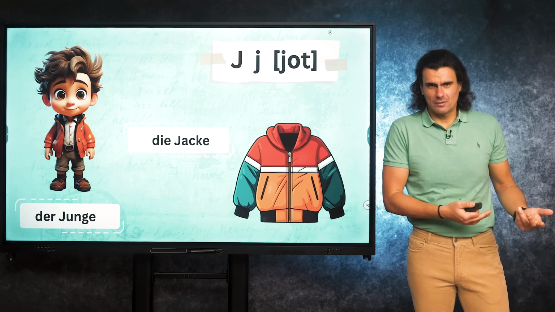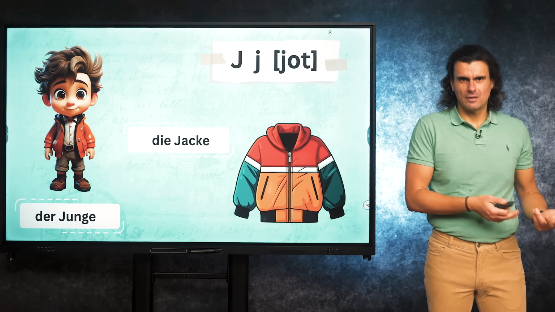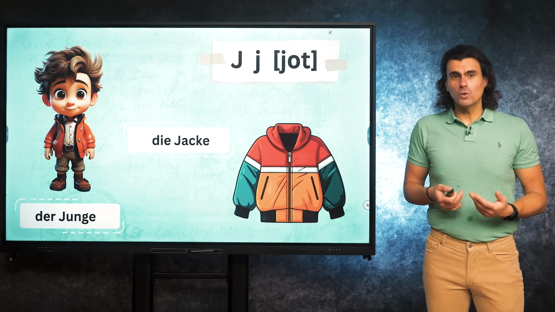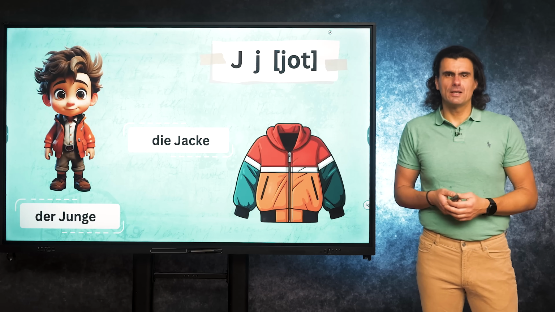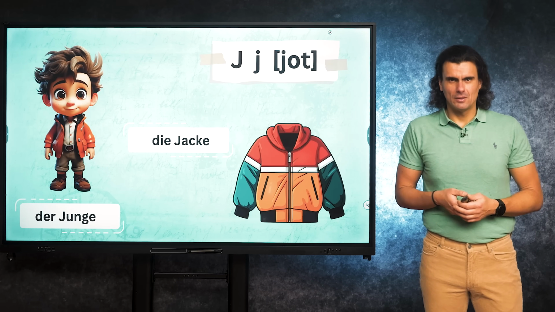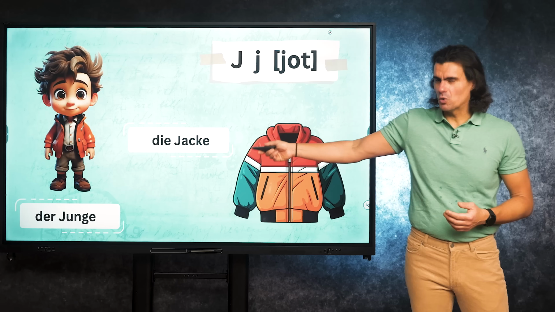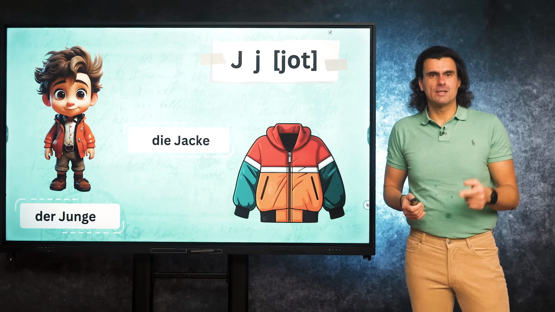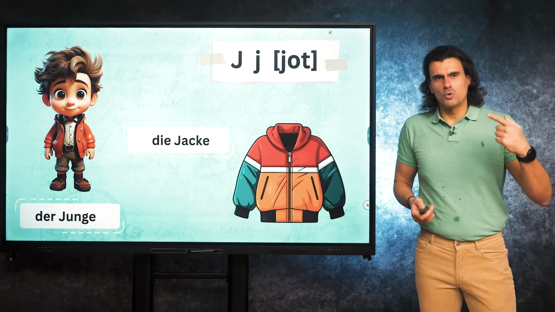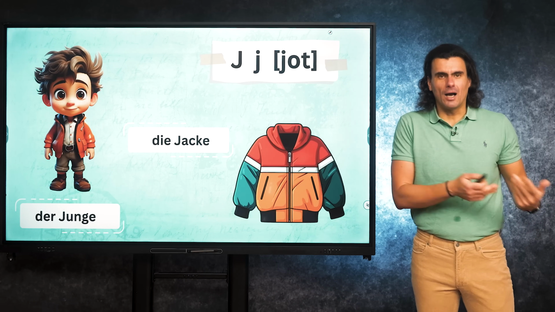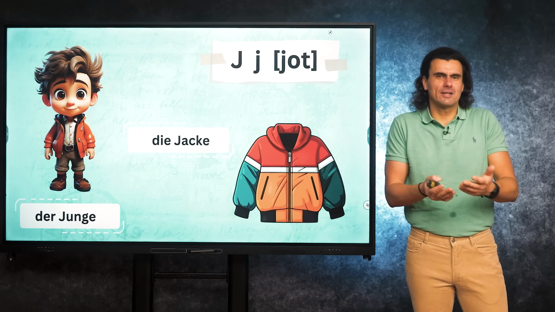Die Jacke is a jacket, but it's not Jacke, it's Jacke. Oder the boy in German is der Junge. In fact, when you have this word for boy, which in German is der Junge, you have the English word of to be young. So der Junge, in fact, is a youngster.